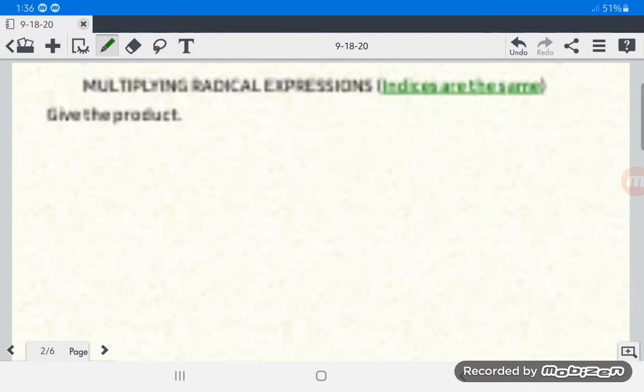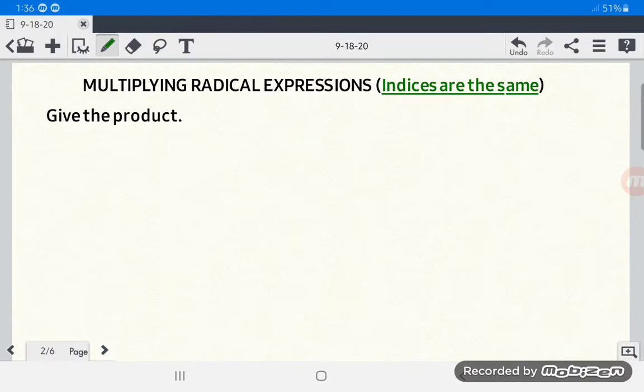So let us have now an example of multiplying radical expressions. Given case number one, if the indices are the same. So number one, let us get the product of the square root of 6 times the square root of 5.